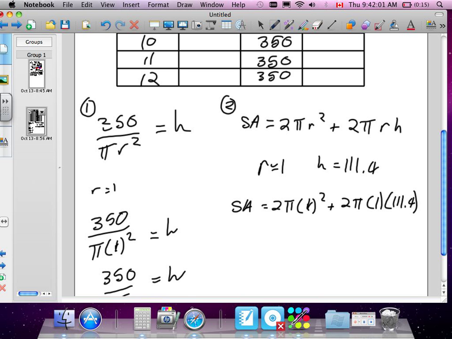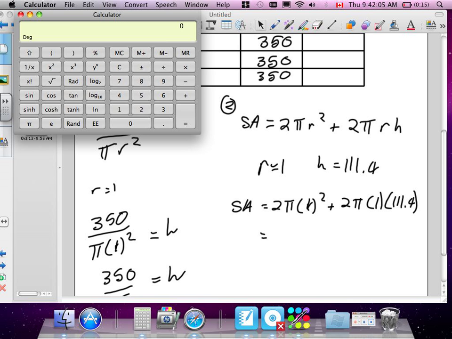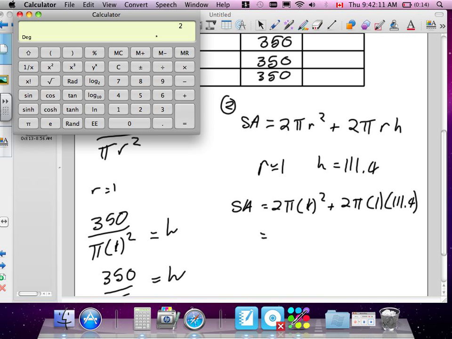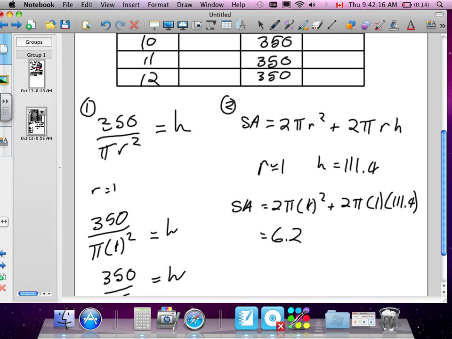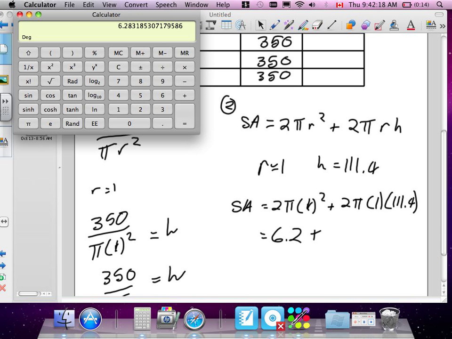So 1 squared is 1, so we're left with 2 times pi equals 6.2 plus 2 times pi again times 1 times 111.4, 699.9.